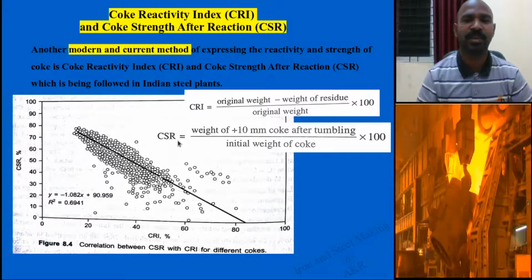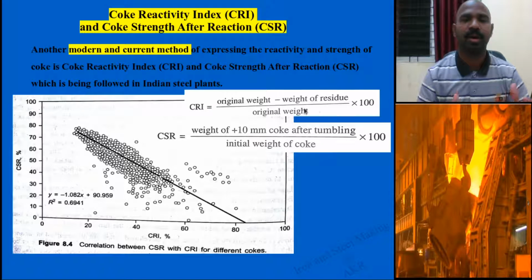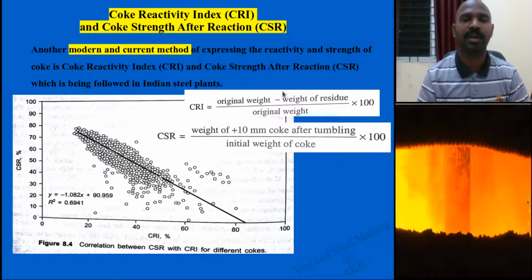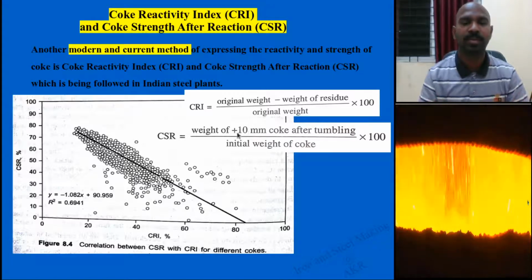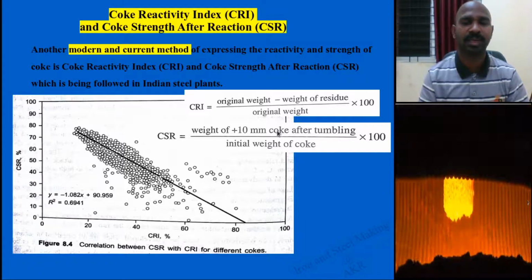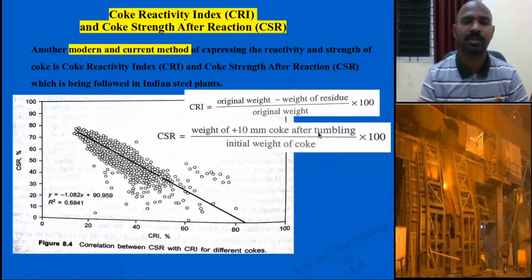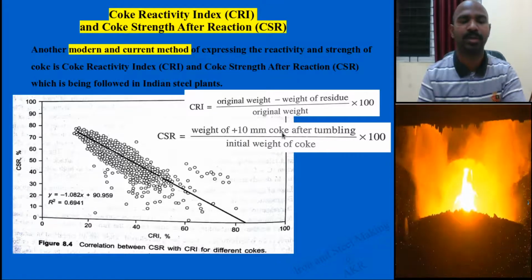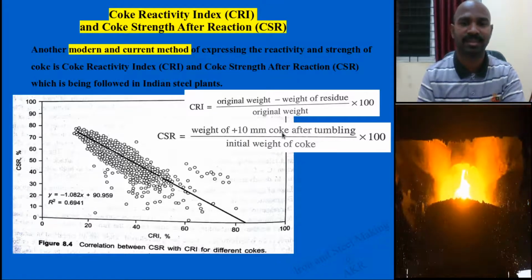And for CSR, the material remaining after reactivity, plus 10 mm size coke, is taken, tumbled or rotated using a Micum drum for standard revolutions. How much 10 mm size coke remains?